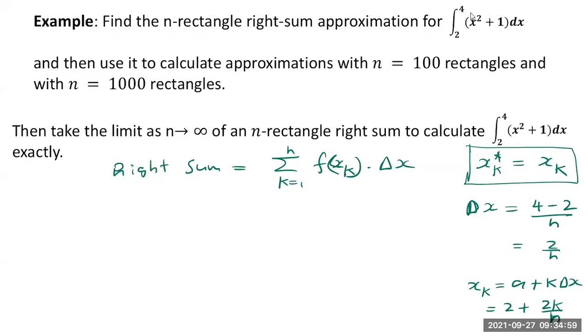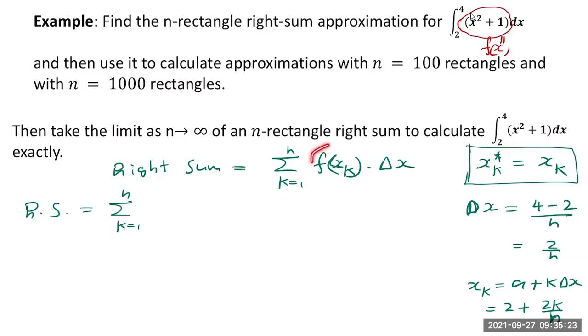All right, then my right sum, I'll write RS for the right sum, is equal to sigma k goes from 1 to n of f of xk. To find f of xk, notice that my f of x is x squared plus 1.